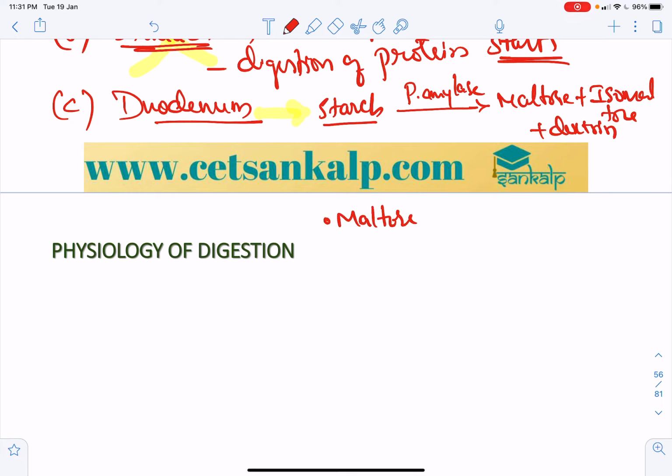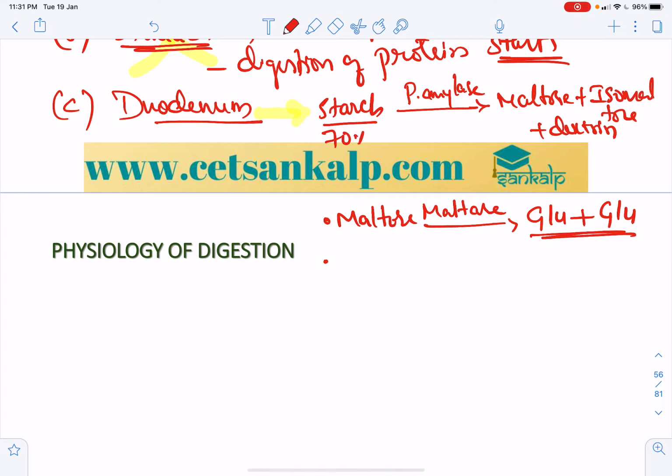Maltose, in the duodenum, in the presence of the enzyme maltase, which is present in the intestinal juice, is converted into 2 units of glucose, which is the monomer of starch, or polysaccharide. So 70% of the starch gets digested in the duodenum. These are very important things.